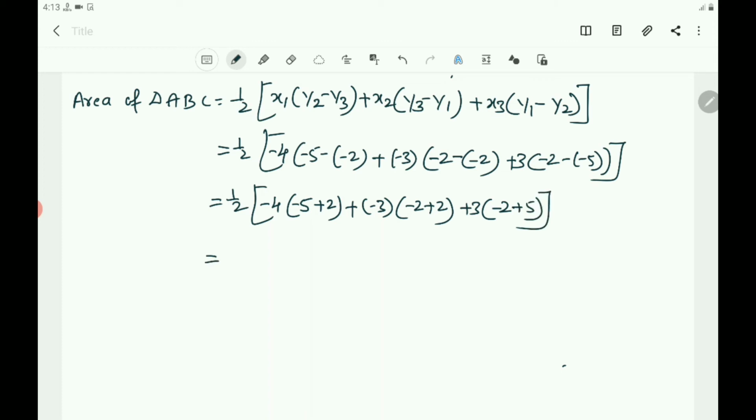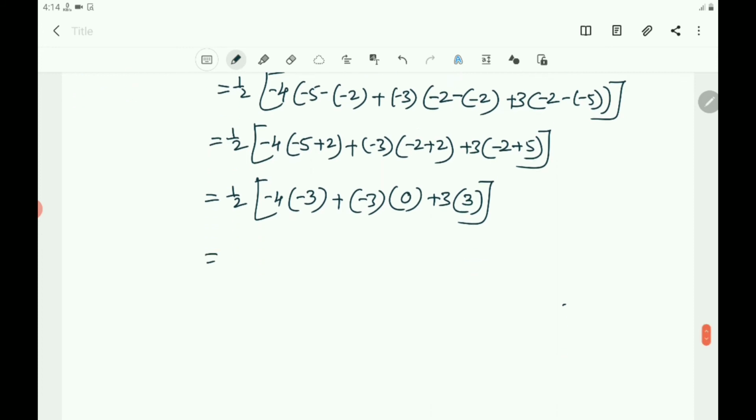Then 1 by 2 into minus 4. Minus 5 plus 2 is minus 3, plus minus 3. Sum of minus 2 and 2 is 0, plus 3 into minus 2 plus 5, that is 5 minus 2. You will get 3.